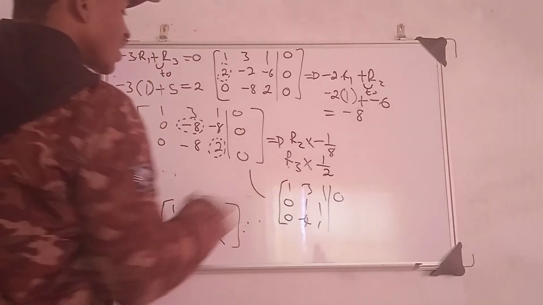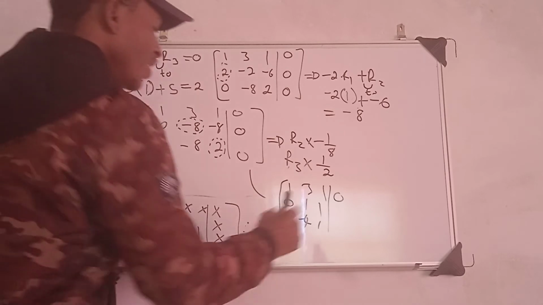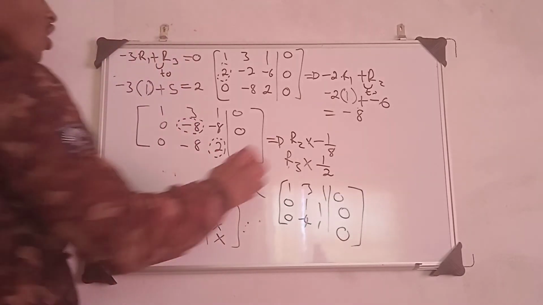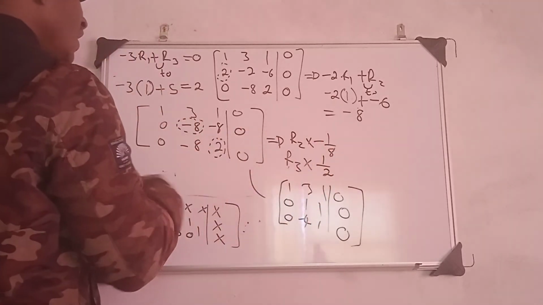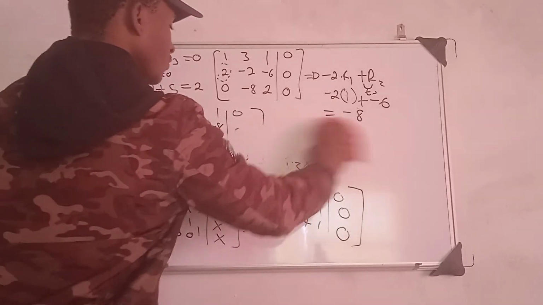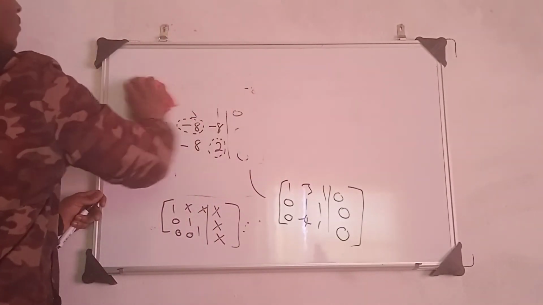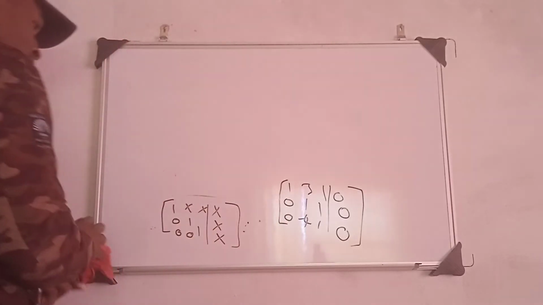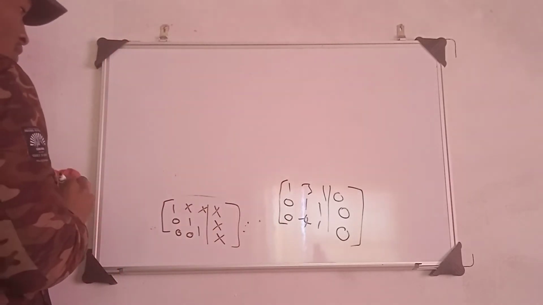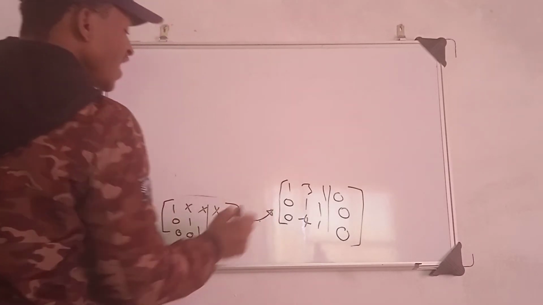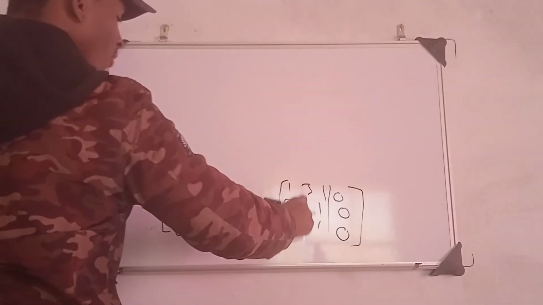So, this is the matrix that we are having right now. This equals to 0 and this one equals to 0. Let me erase this part. So this matrix is nearly in row echelon form.